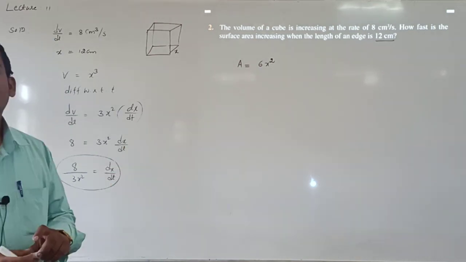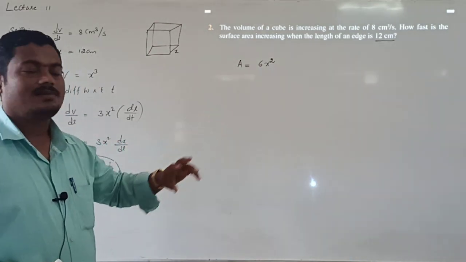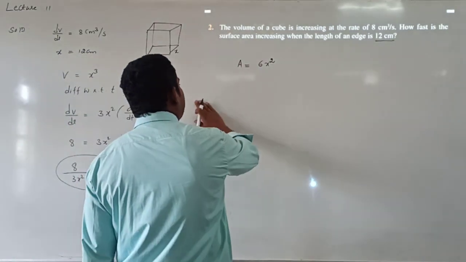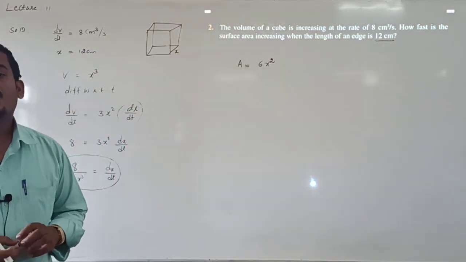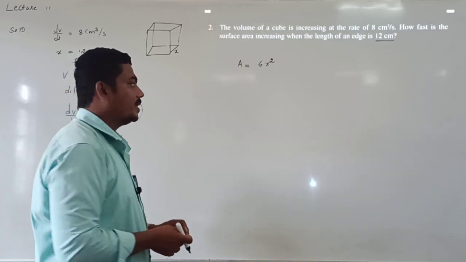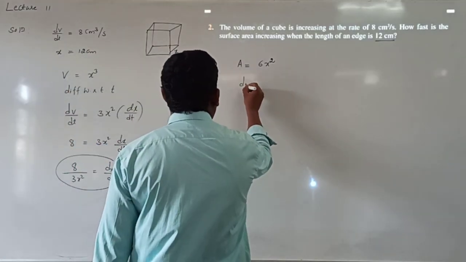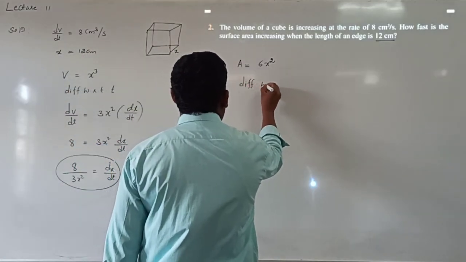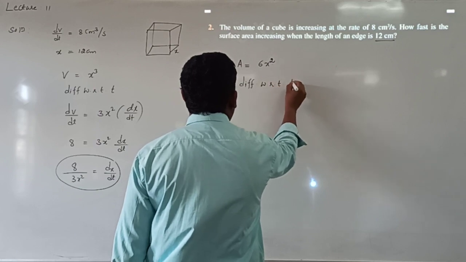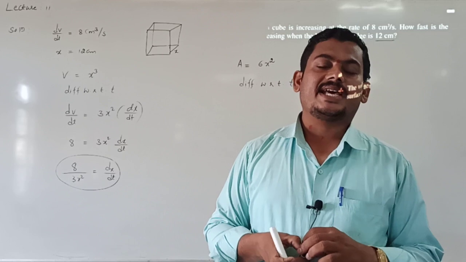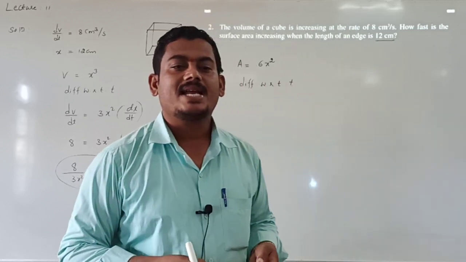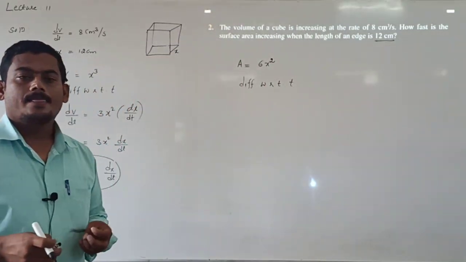After that differentiate A with respect to t. Why? Because we need the rate of change of surface area of the cube. So differentiating with respect to time only. Once volume is changing with time, then its surface area is also changing with time only.